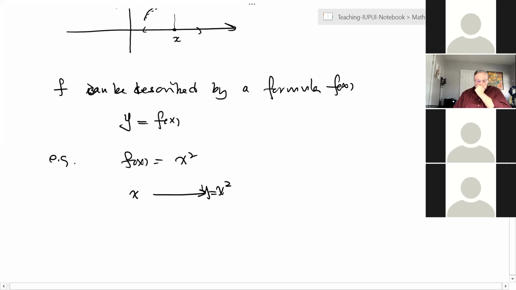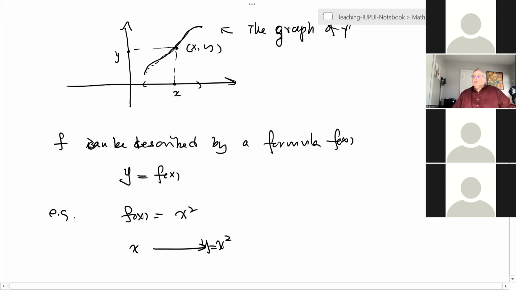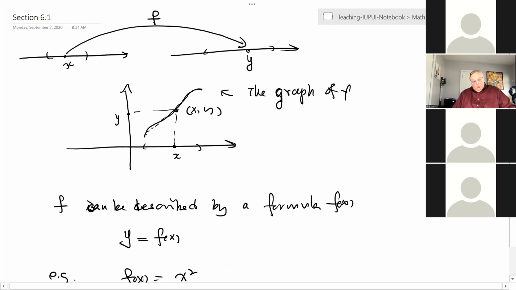So this is about functions, but you will see that sometimes not all x will be given values, so there's a restriction on x, and this will be called the domain of f. Then you probably will not get all the values of y.